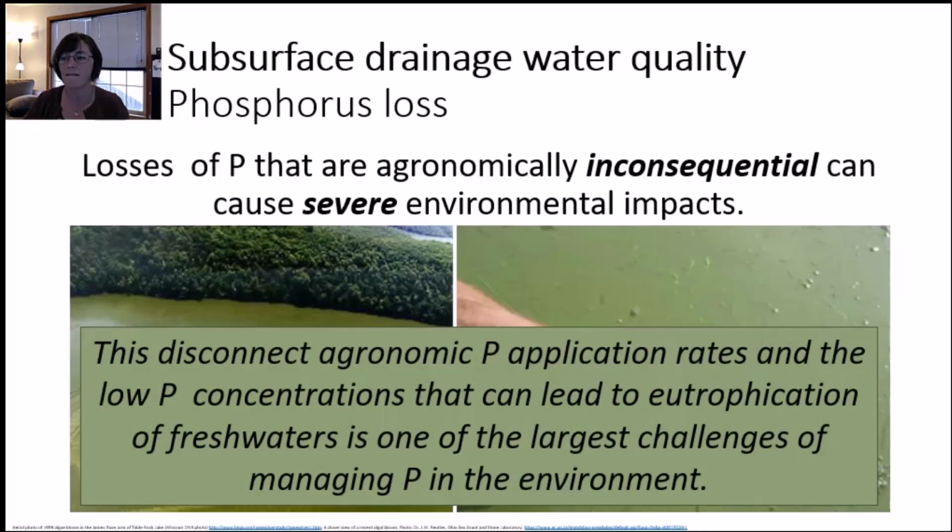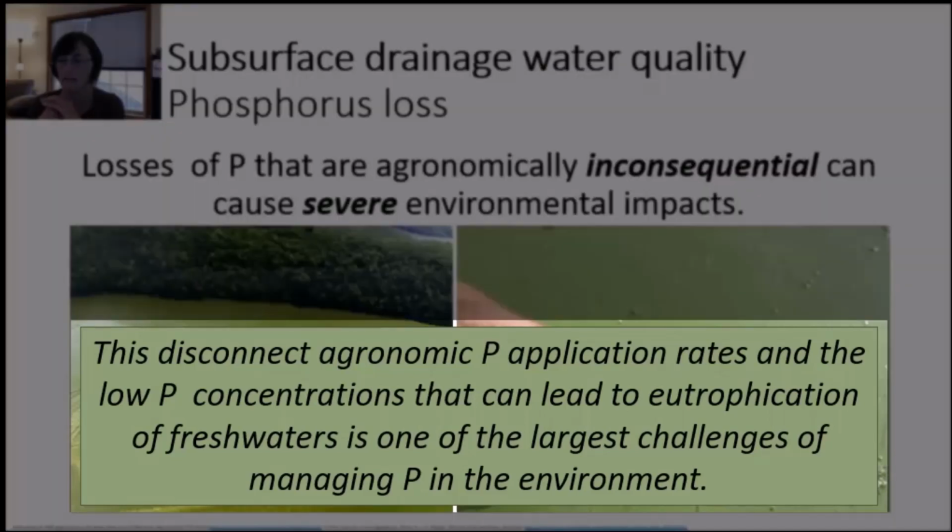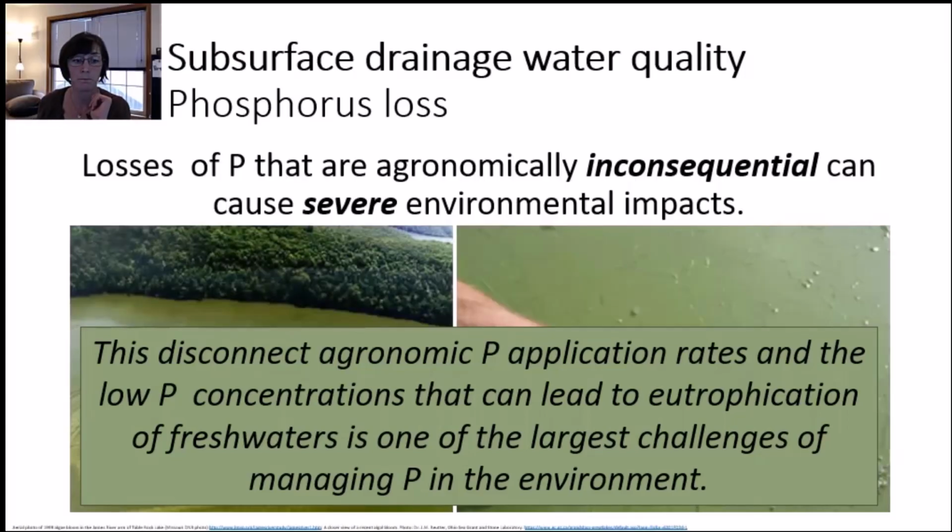So to reiterate, very small amounts of phosphorus leaving fields, either in surface runoff or subsurface drainage, can cause important negative environmental effects. This disconnect between phosphorus in terms of agronomic rates and the very, very small concentrations that can lead to eutrophication of surface waters is one of the largest challenges of managing phosphorus in the environment.